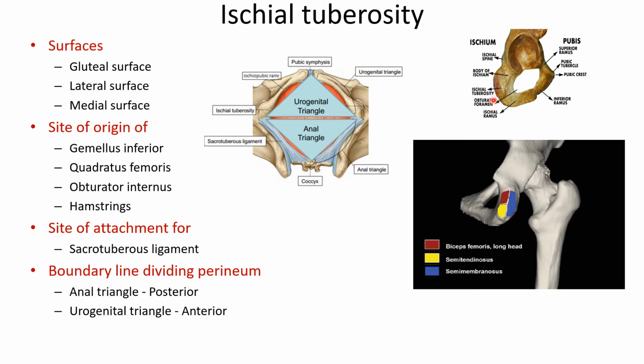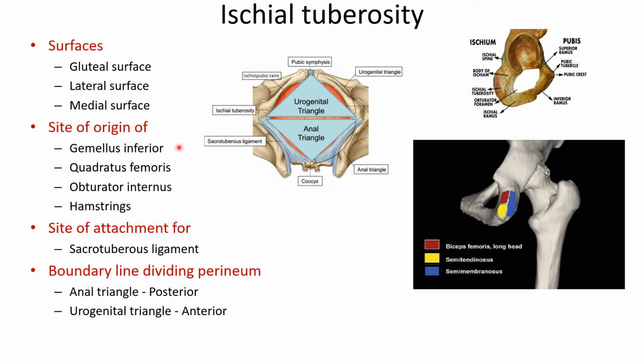This is the gluteal surface, and the ischial tuberosity is the site of origin for certain muscles. Now let us see what those muscles are. They are the gemellus inferior, the quadratus femoris, obturator internus, and hamstring muscles.